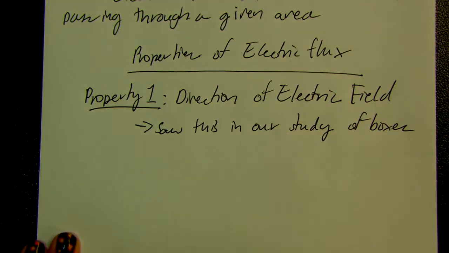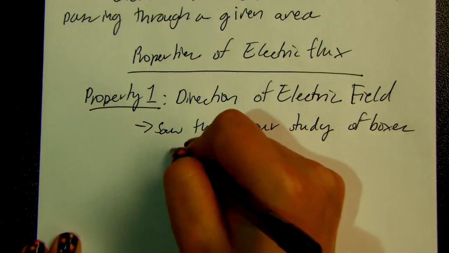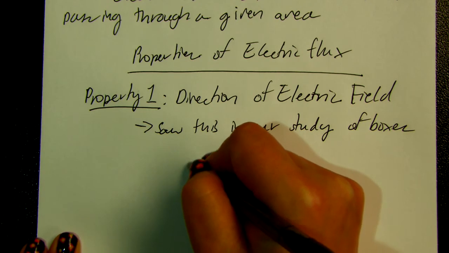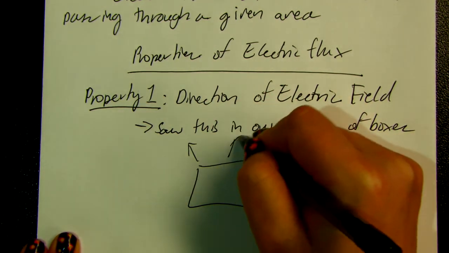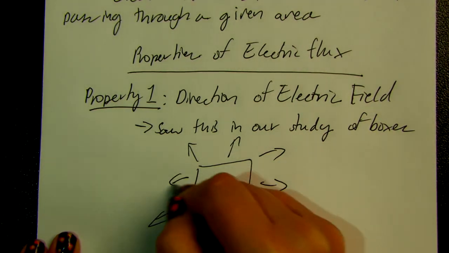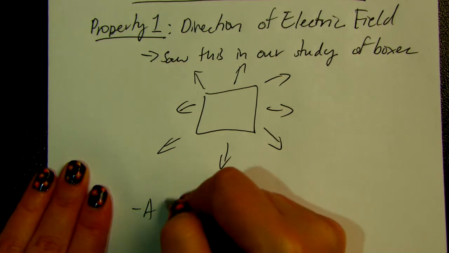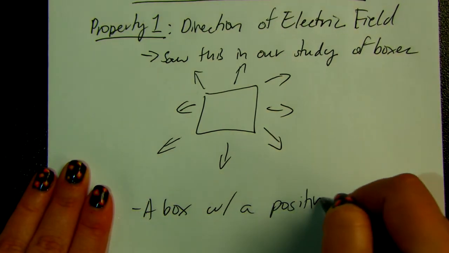All right, so a couple of things. You know that something has charge and is positive when you've got a field in it that points out. So this would be a box with a positive charge enclosed.